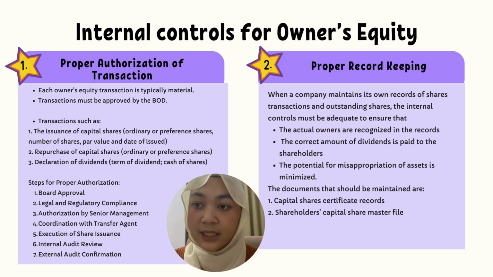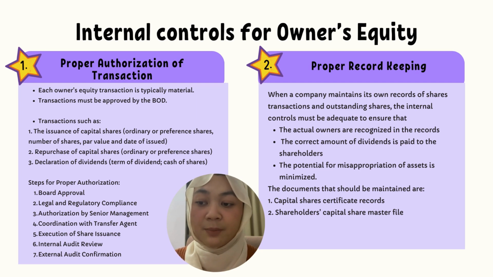Moving on to the next slide, it is proper authorization of transaction. Each owner's equity transaction is typically material. Transactions must be approved by the board of directors, such as the issuance of share capitals, repurchase of capital shares, and also declaration of dividends.